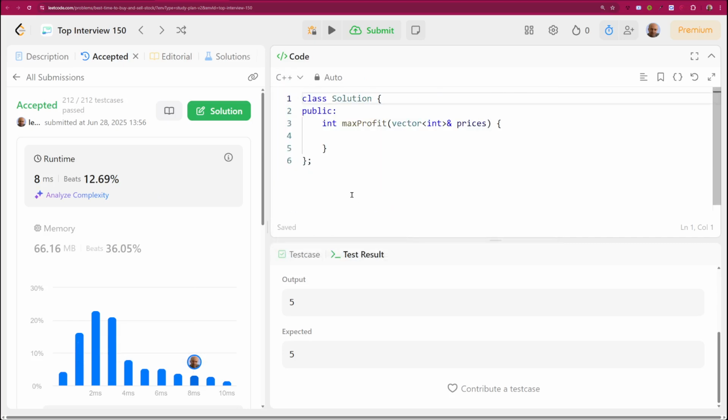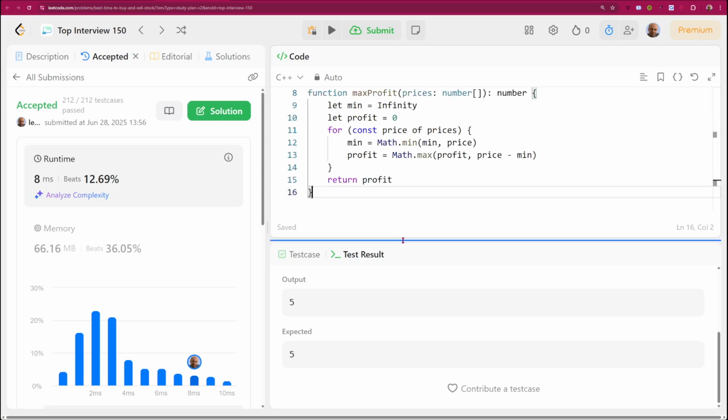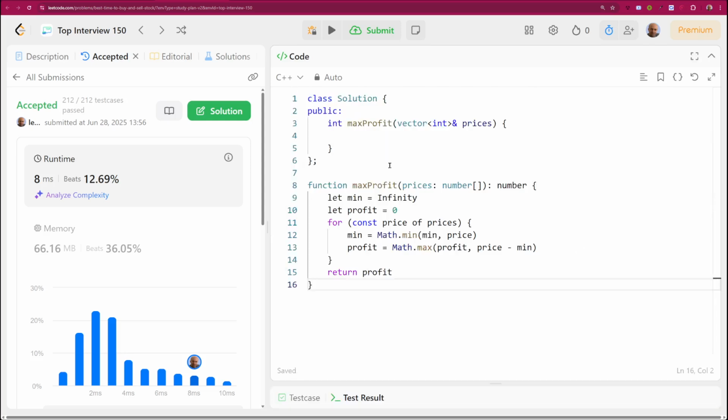Let's try to rewrite it in C++ and see what happens. So max profit. We're going to do min is int max, right? And then integer min is that, and then profit is 0.